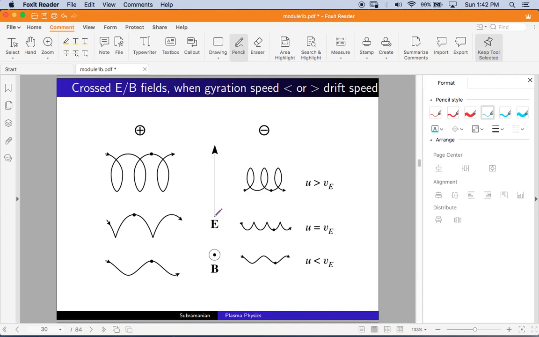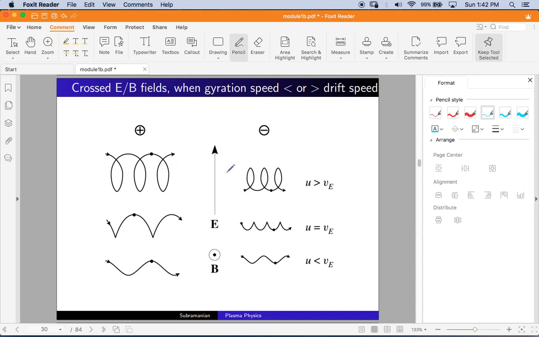And you can immediately, intuitively discern that there can be a few different limits. One is if the drift is slow, so that you are allowing for an entire gyration to happen, like that. The gyro radii might well be different, but the drift is in the same direction, like this.